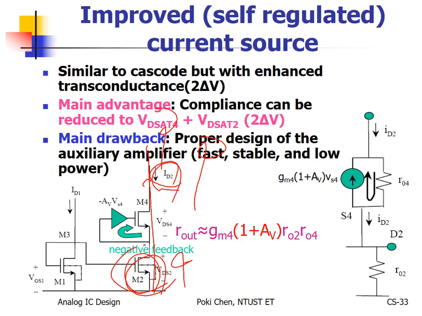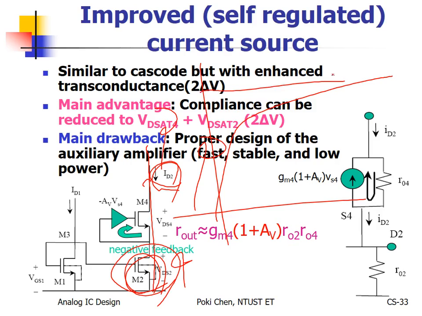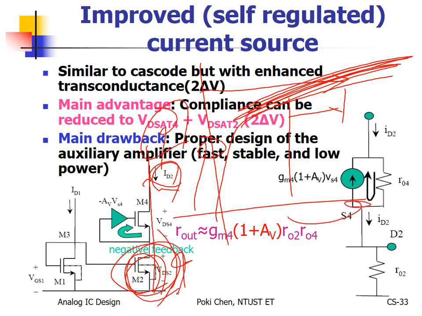And according to M2, the IV curve looks like this. How can you increase your current? It means the VDS needs to be pushed higher by larger current, right? Because the slope is positive. So the more current you would like to have according to ID2, to the output, then the higher current means the larger VDS. Okay.